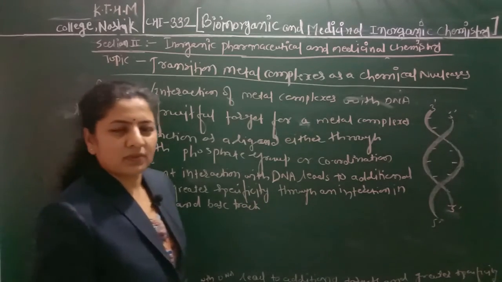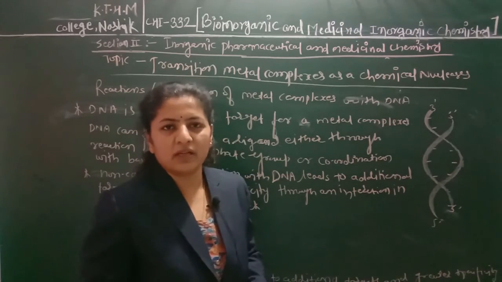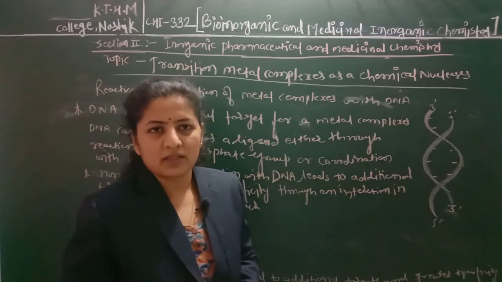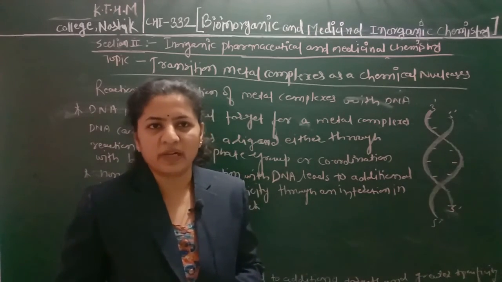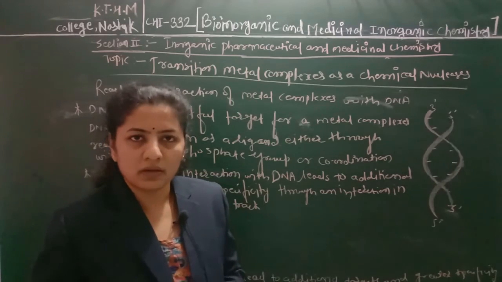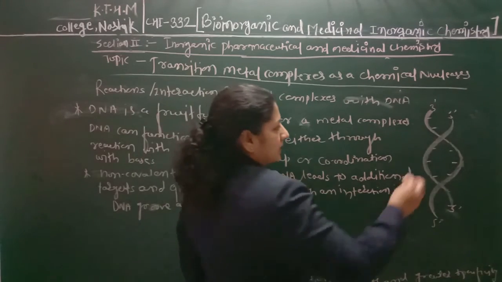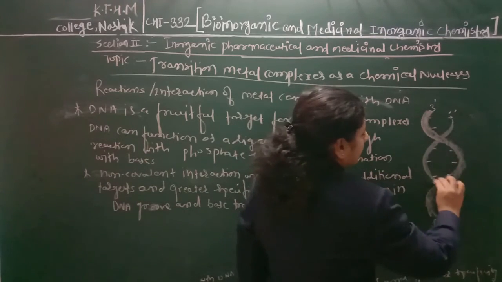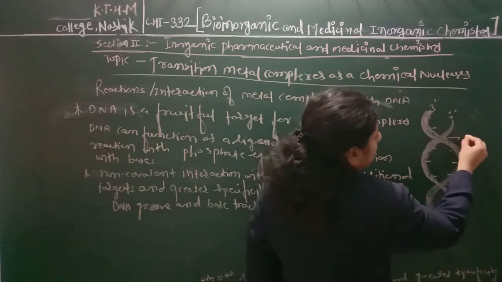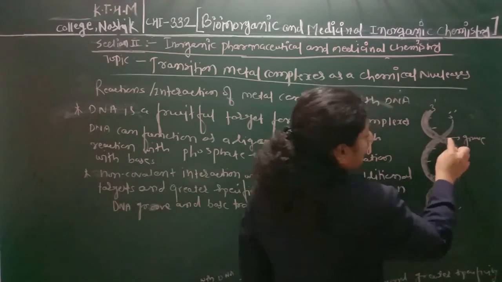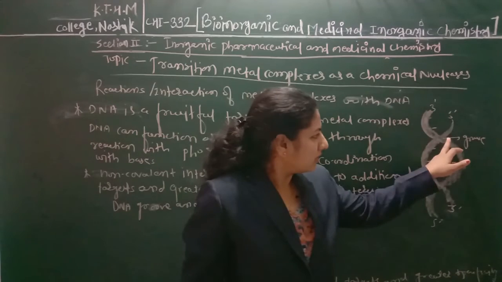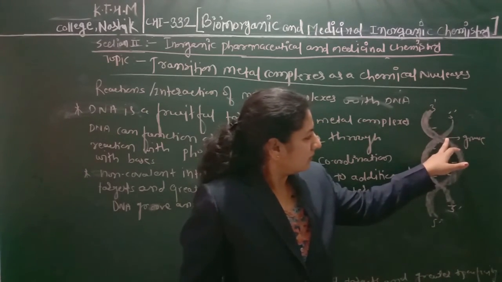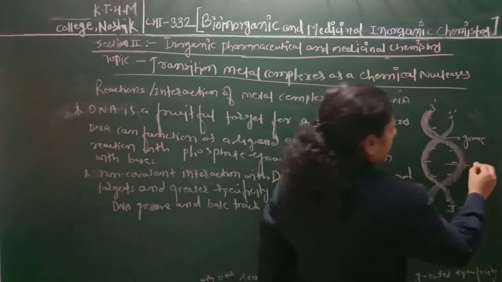So generally, if we use the chemical nucleases, it will react with DNA. The interaction of the metal complexes is either covalent or non-covalent. Either it will be in the groove, the deepness between the two strands, or the base track.